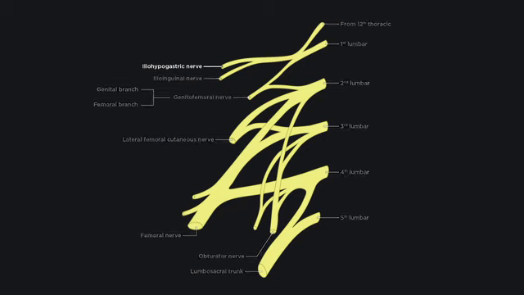In the posterior abdominal wall, the L1 ventral ramus typically divides into 2 lumbar plexus branches, the iliohypogastric nerve and the ilioinguinal nerve. Like the subcostal nerve, these supply anterior and lateral abdominal wall muscles and have cutaneous branches to the skin.